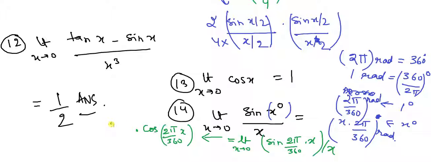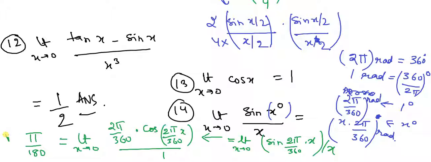Then outside you will find this also, and denominator will be 1, and put limit x tends to 0. Now this will become 1. Cos 0 is 1. You're left out with this, and the answer is pi by 180. This is very important question. This can be asked in exams also, and you can be made confused by the examiner between radians and degrees. I hope it's clear to you.